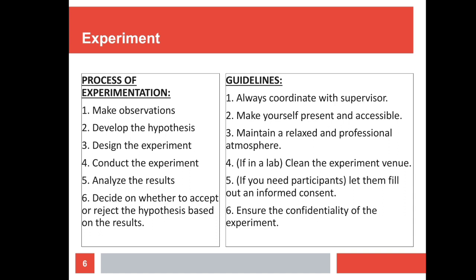Now, this is the process of experimentation. Number one, make observations first. Before you do an experiment, you should observe the variables. After observing the variables, you need to develop a hypothesis.